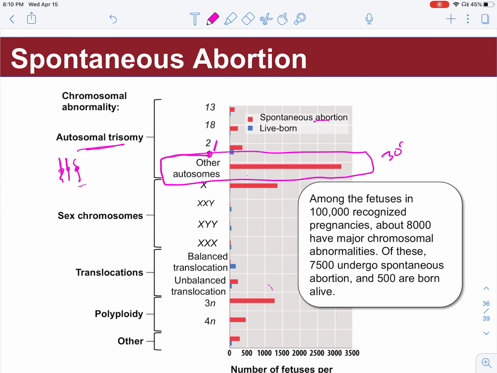It's thought that up to 30% of successful conceptions, fertilization events, result in spontaneous abortions because of aneuploidy, which are abnormal chromosome numbers.